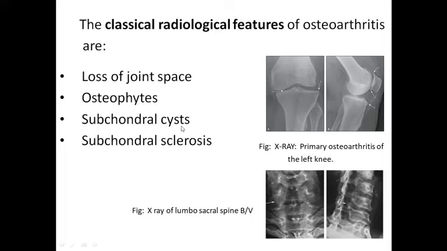Subchondral cyst is not shown here. Subchondral sclerosis: you will get the subchondral sclerosis here, and maybe here as well. So these are the classical radiological features of osteoarthritis. This is most important to diagnose osteoarthritis.